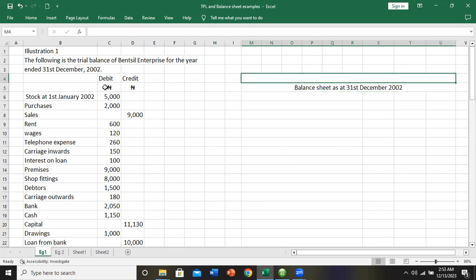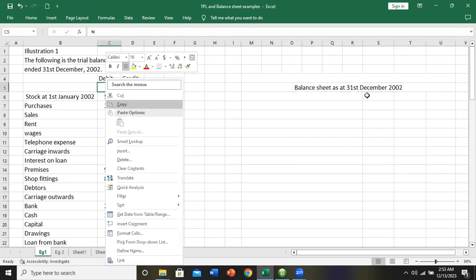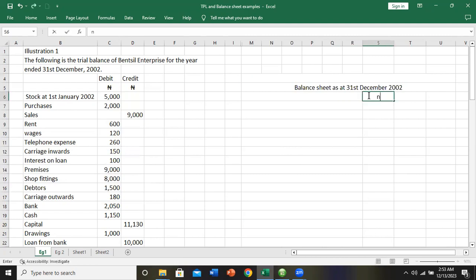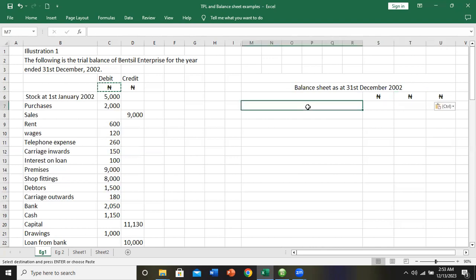The currency is Naira. So let me put the Naira here. 1, 2, and 3. So the first thing you think about is your fixed assets.